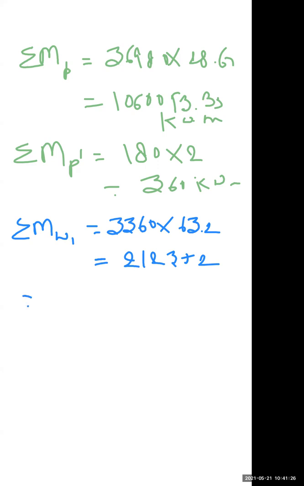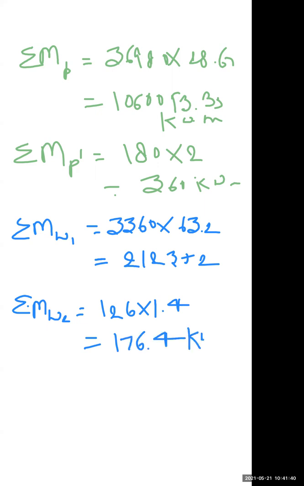Next is the moment due to W2, that is the force 126 into lever arm 1.4. This value is 176.4 kilonewton meter. These are all moments about the toe. Next is the moment about the toe due to force U1. What is the force of U1?